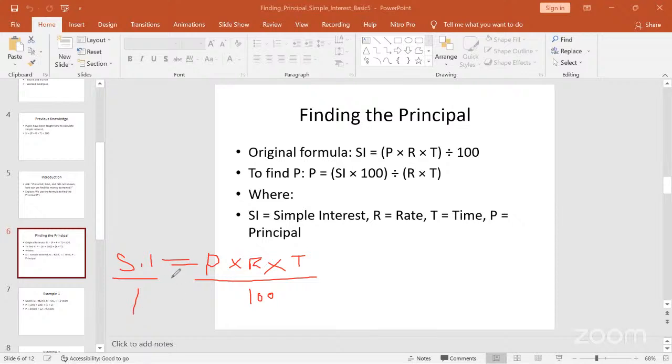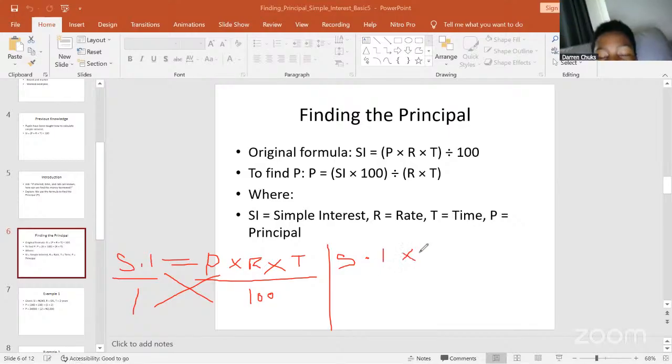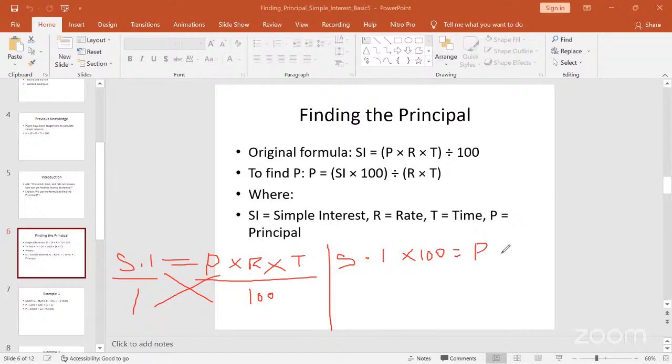So when we cross multiply, we'll be having simple interest, which is SI, times 100 is equal to P R T, which is principal times rate times time, without dividing it.